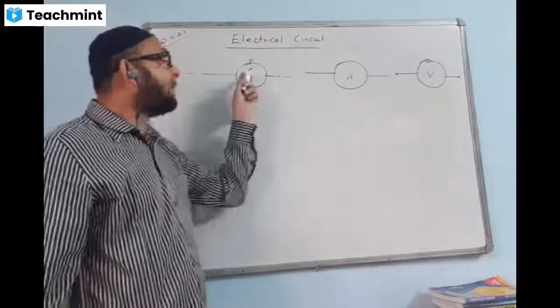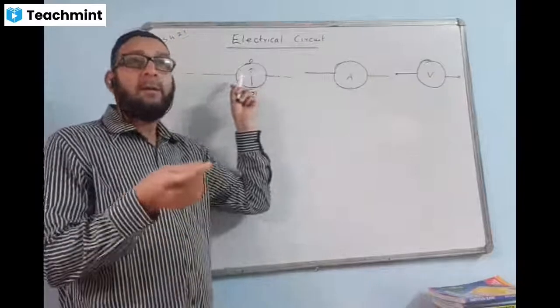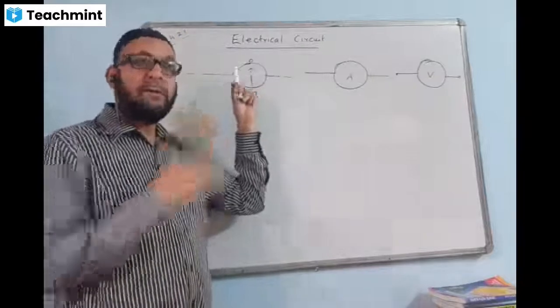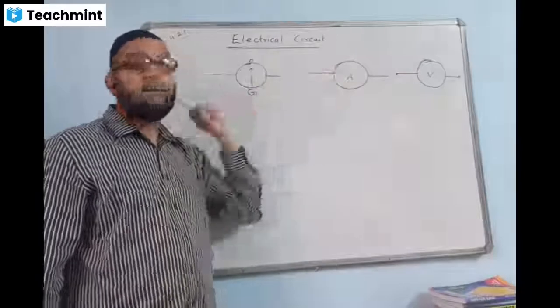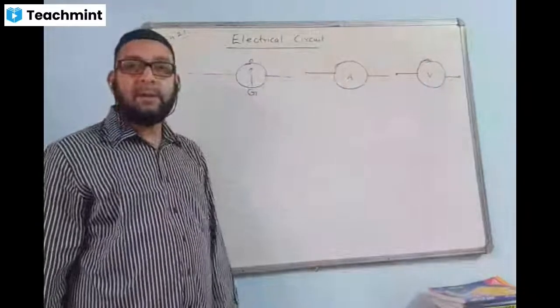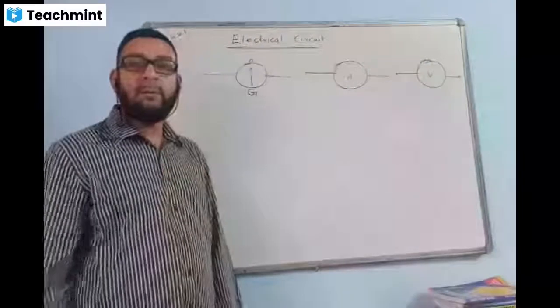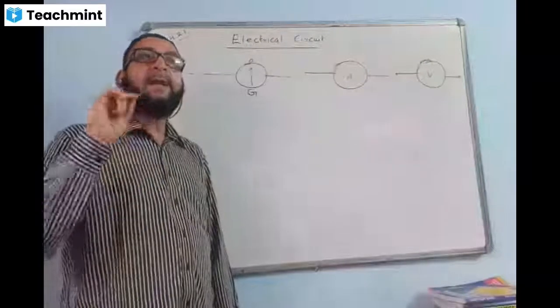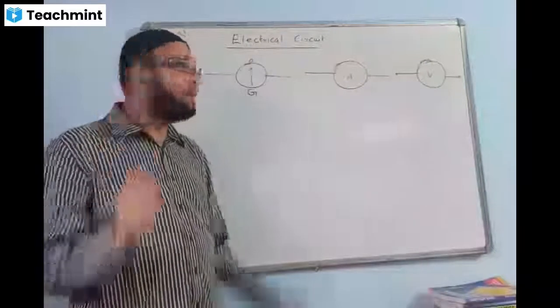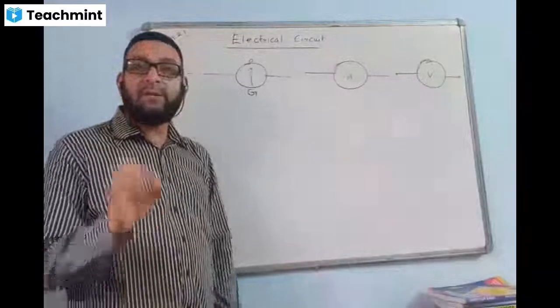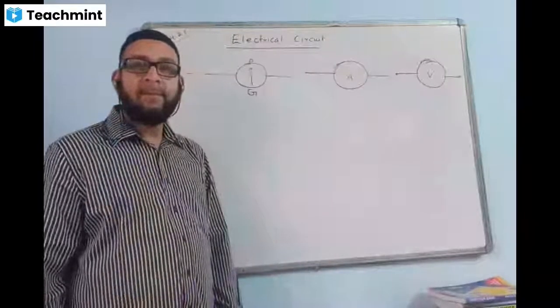There is galvanometer. How do we connect it? In a circuit, always in series. Ammeter will be connected in series, and it should have resistance as low as possible. It is said that an ideal ammeter should have zero resistance, but that is not possible.